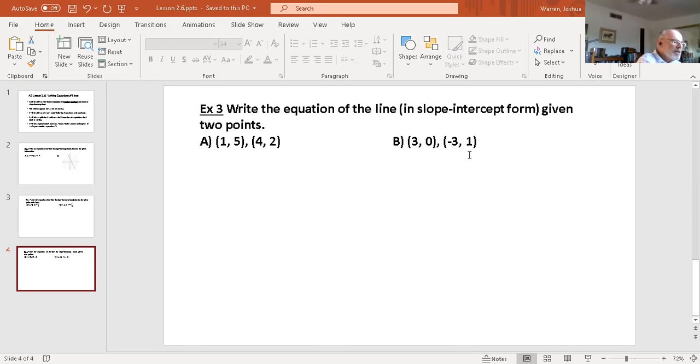And then for B, I have (3, 0) and (-3, 1). All right. So let's go back and stop the share and go over to my DocuCam.